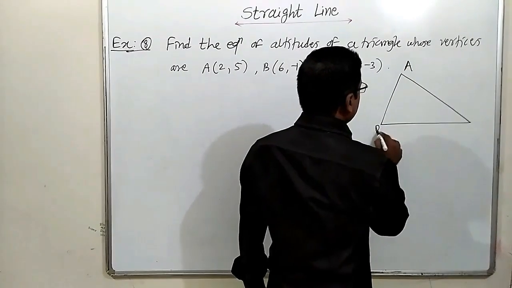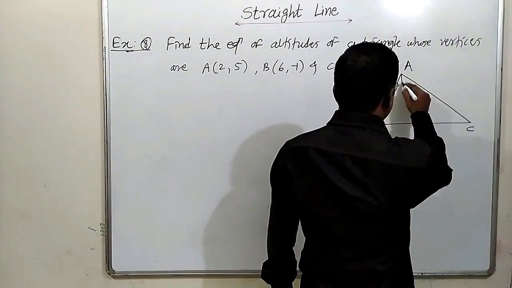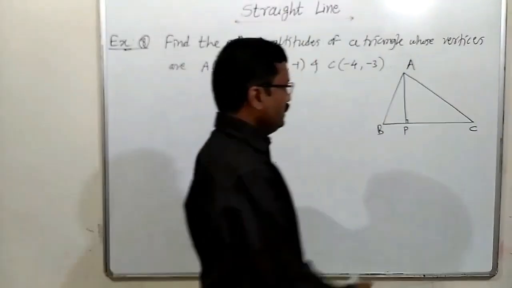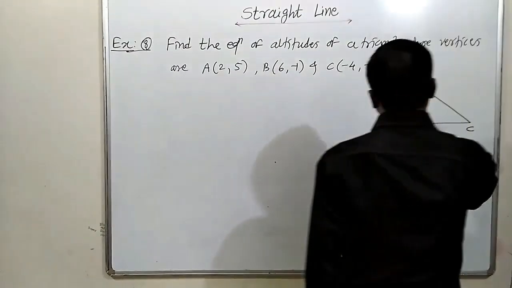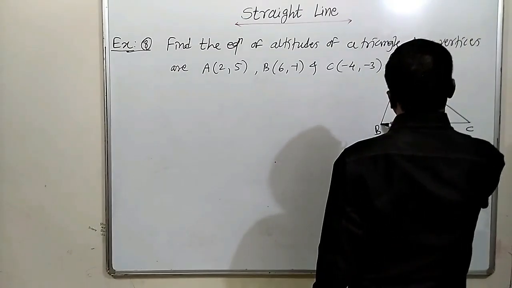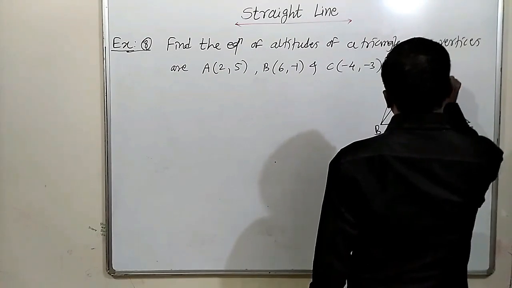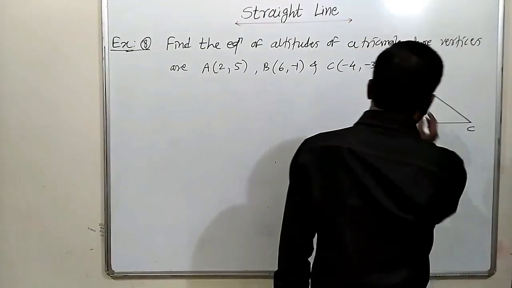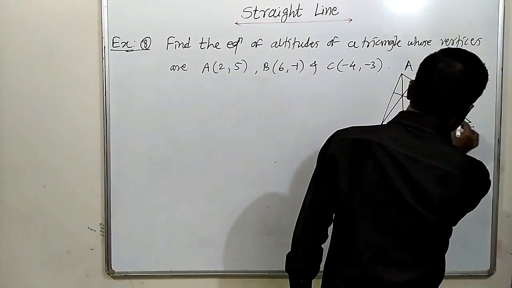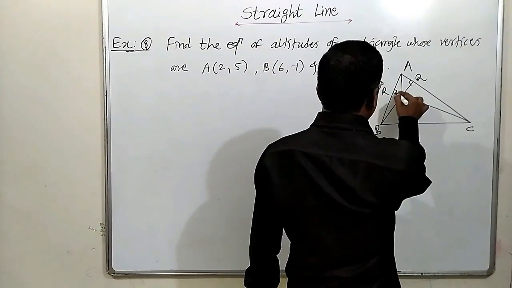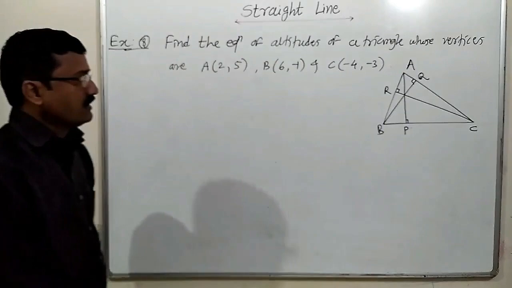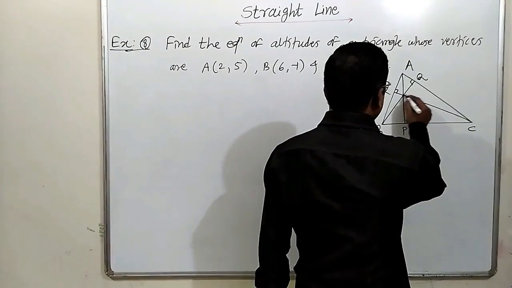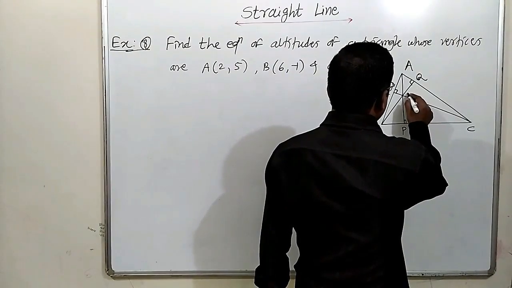Consider triangle ABC, in which AP is the altitude on side BC, BQ is the altitude on side AC, and CR is the third altitude. As we know, the three altitudes of a triangle are concurrent, meaning they pass through a point, suppose here H.